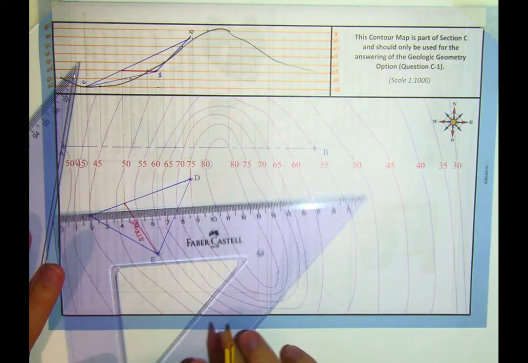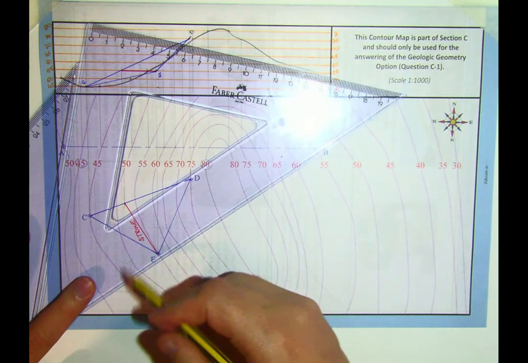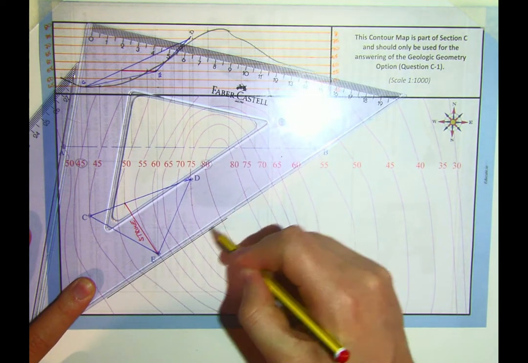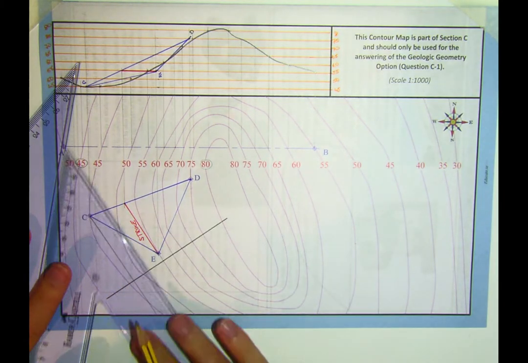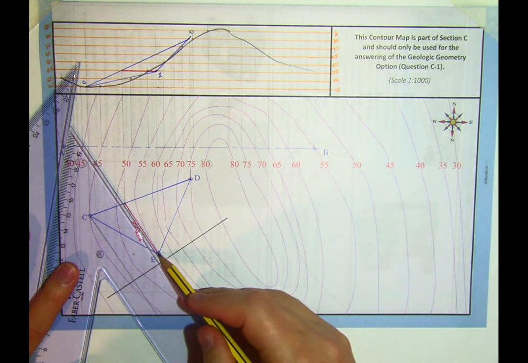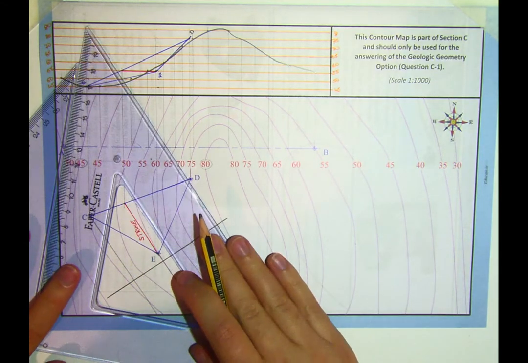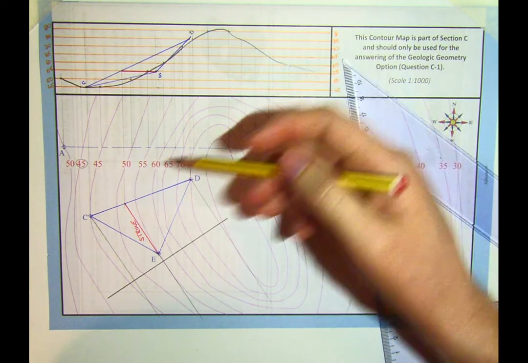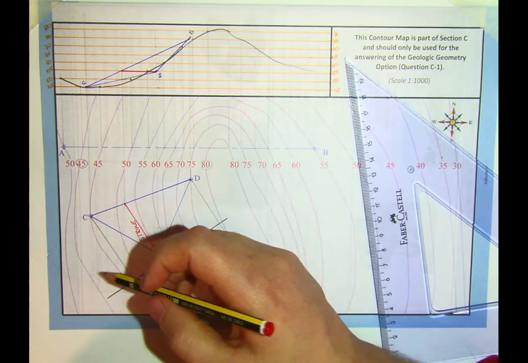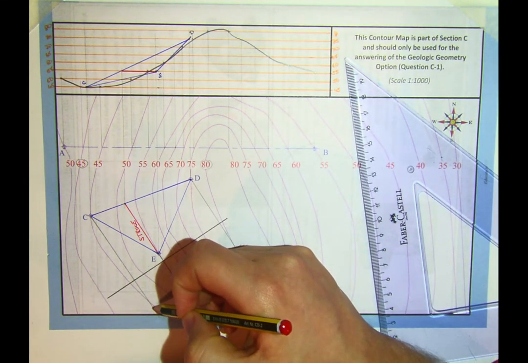So taking our line here perpendicular to the strike, projecting points C, D and E up here. Now for each one of these, C has an altitude of 45. That doesn't mean we need to measure up here 45.